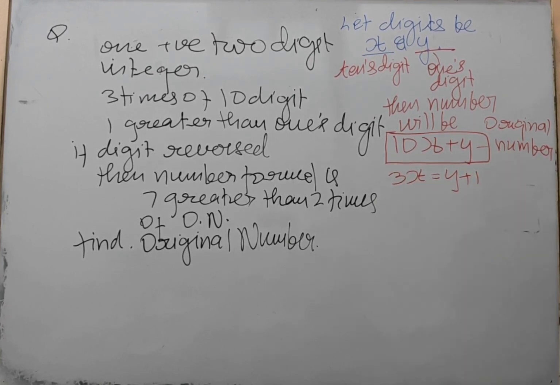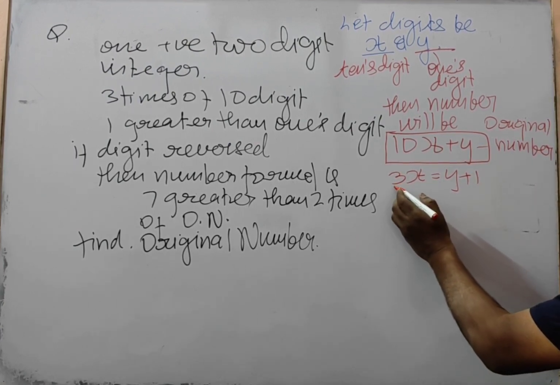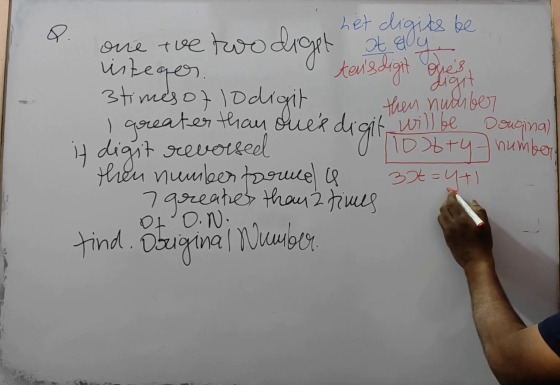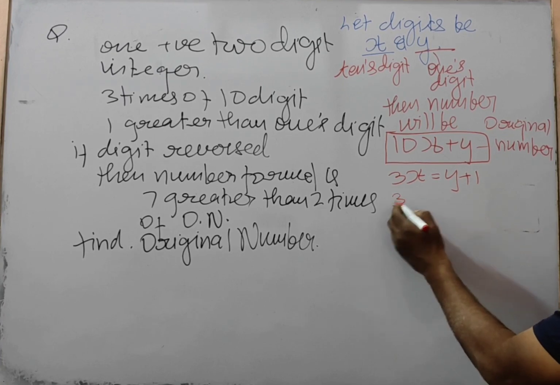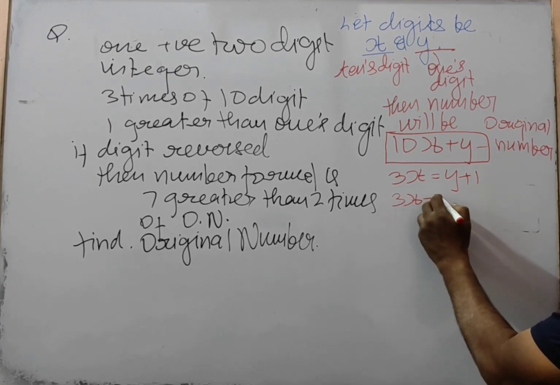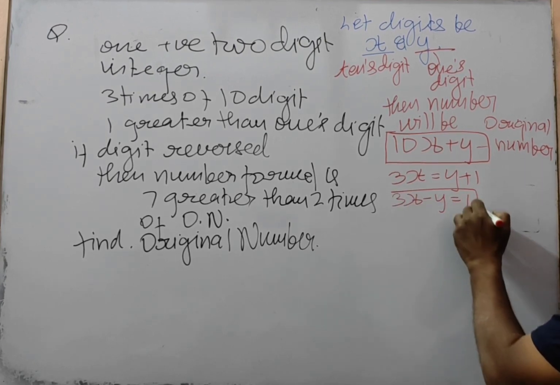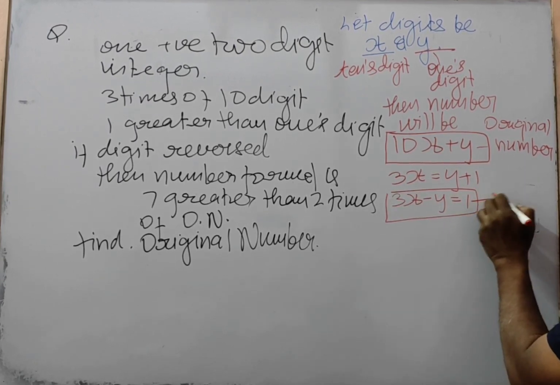So this is an equation, right? We can write it as 3x minus y is equal to 1. This is equation number 1 we found, right?